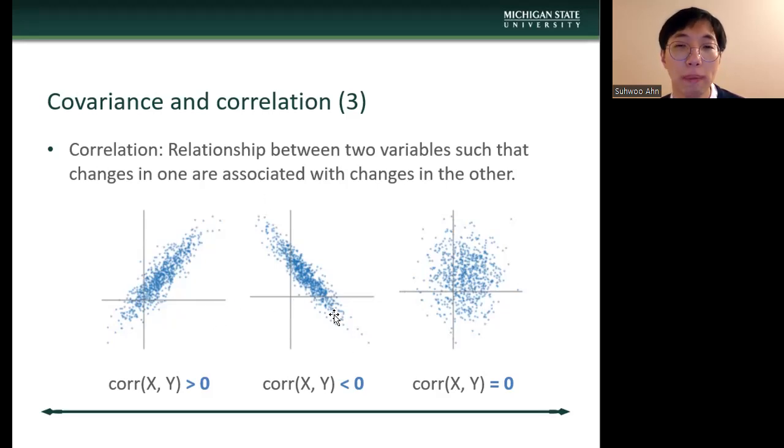As shown in the middle, as x increases, y decreases, this is a negative relationship, and the covariance and correlation value is negative. However, when there's no relationship between x and y, as x increases there's no significant difference in y, like the graph on the right side, then we can say the correlation value is closer to 0.